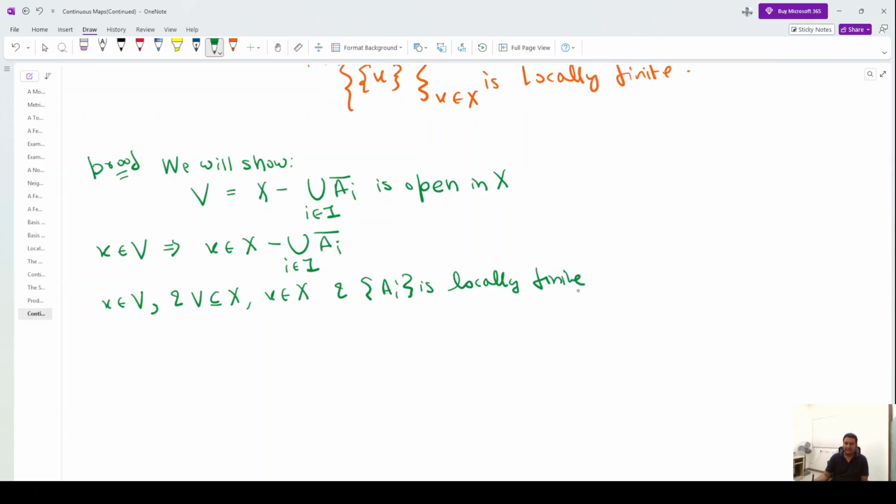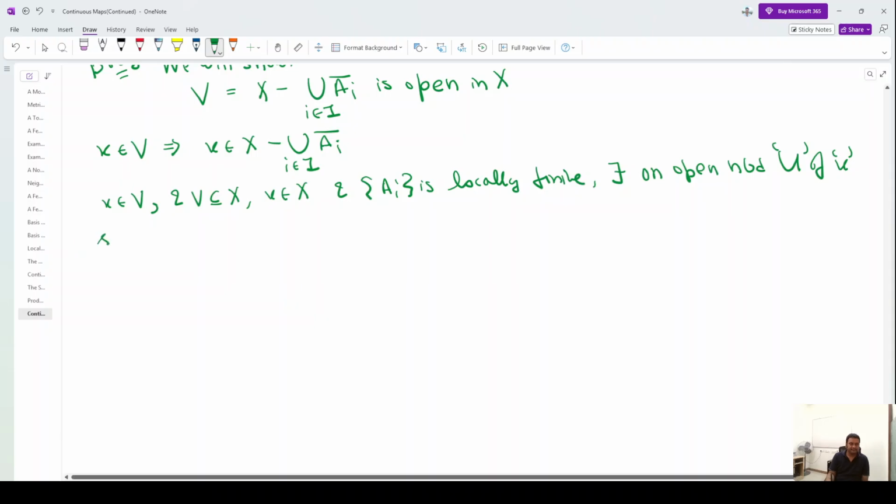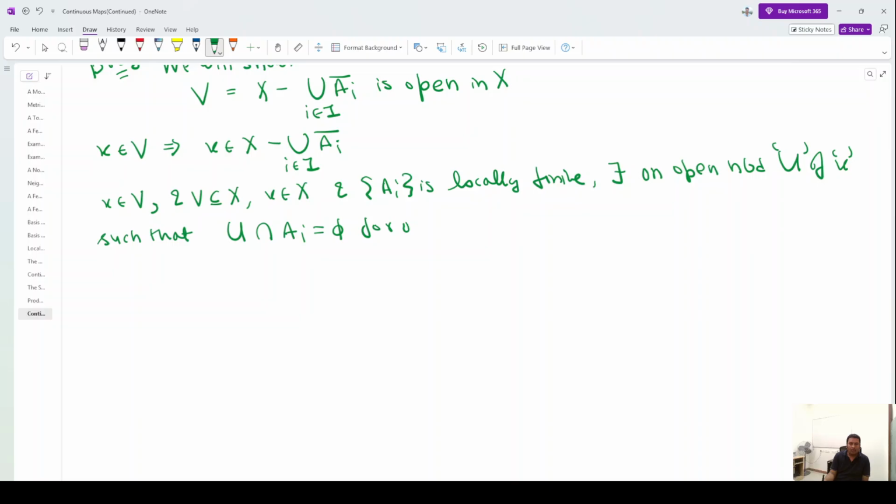So what will happen, guys? This implies there exists an open neighborhood U of small x such that U intersection A_i is empty for all but finitely many i's. So assume where it is non-empty. Okay, so let's assume it.